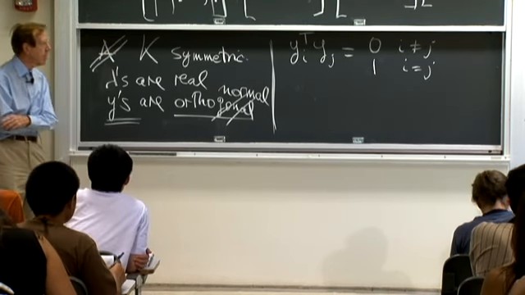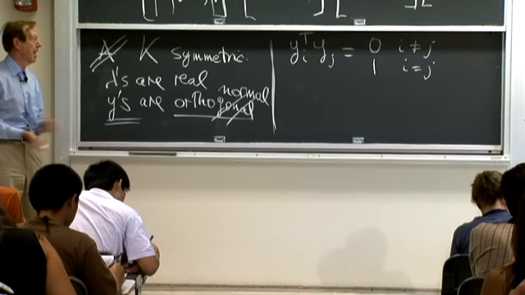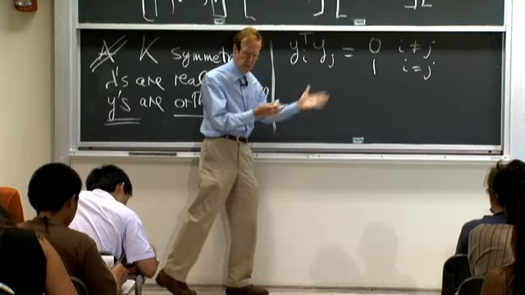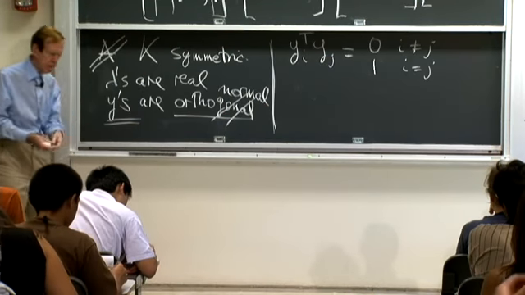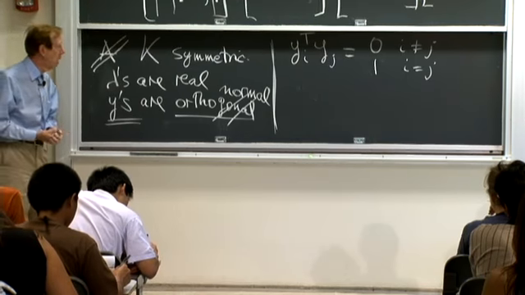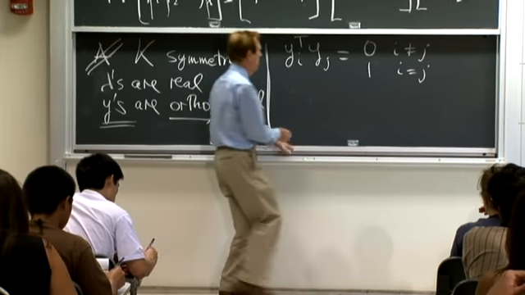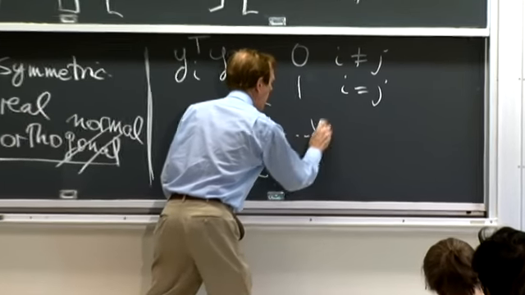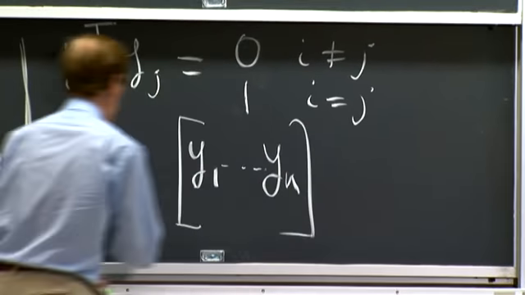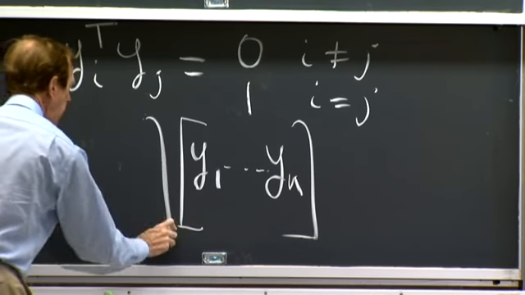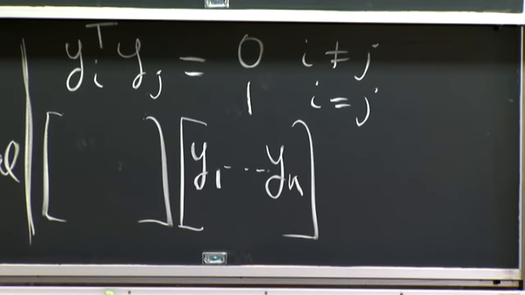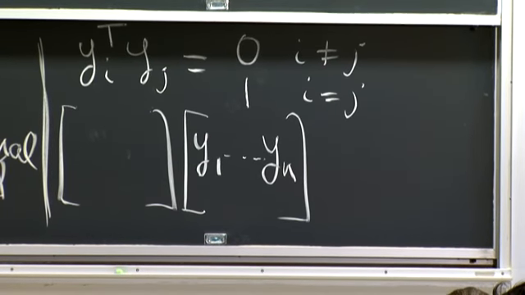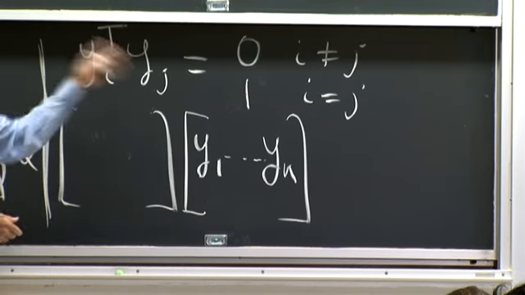Okay, now once again, if I write something down like this, which is straightforward, I want to express it as a matrix statement. It'll involve my good eigenvector matrix. So I want to take all these dot products at once. I want to take the dot product of every y with every other y.